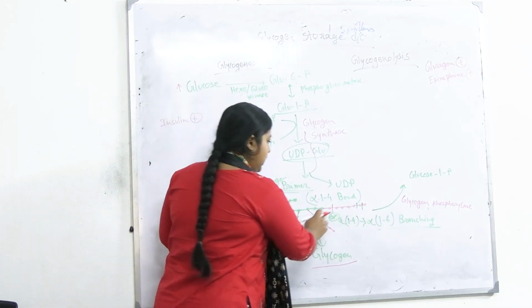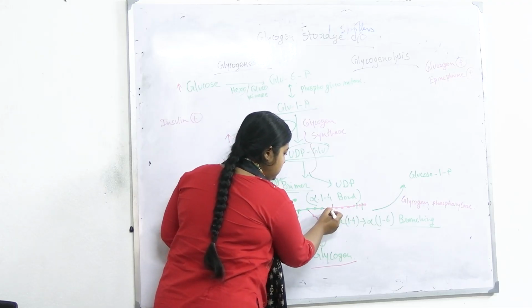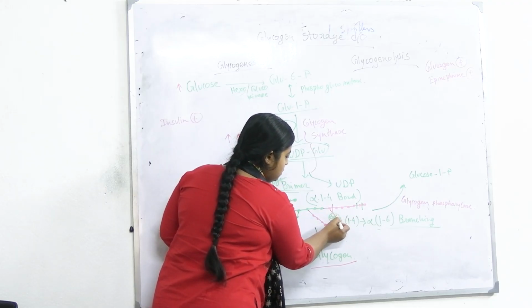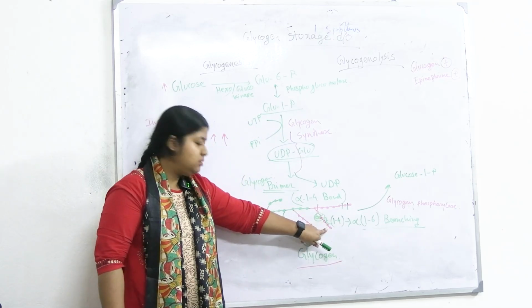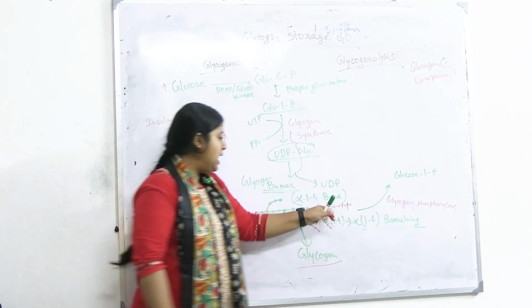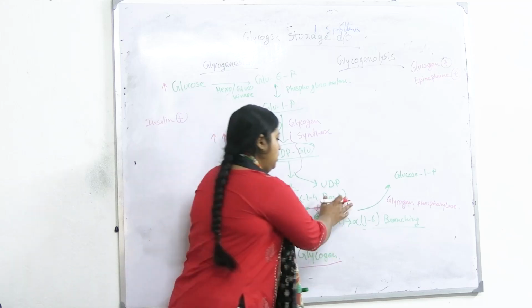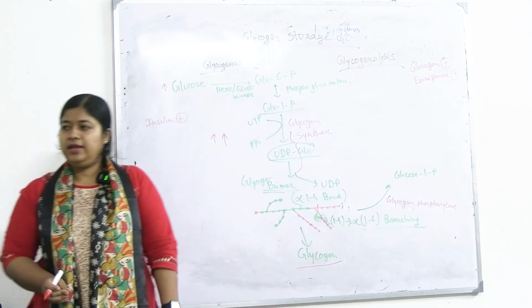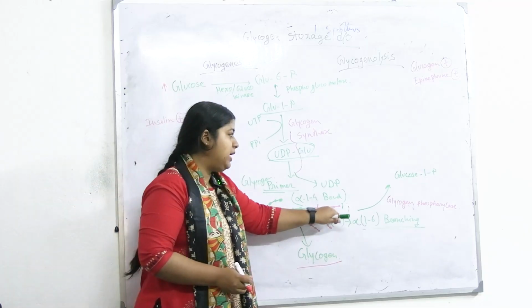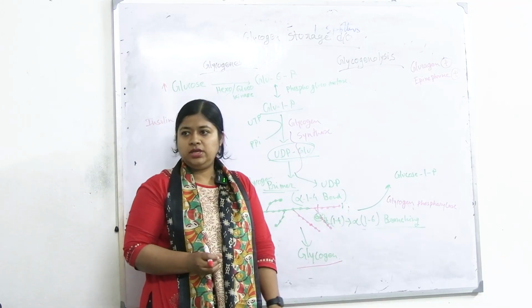Okay, so if here is a branching point, 4 glucose residues will be kept, and on this side also 4 will be kept. So this structure is known as limit dextrin.